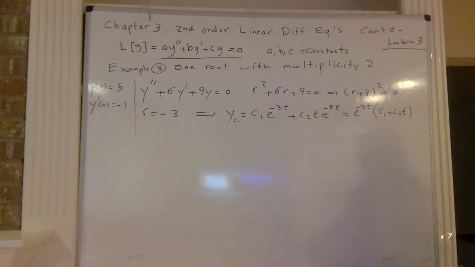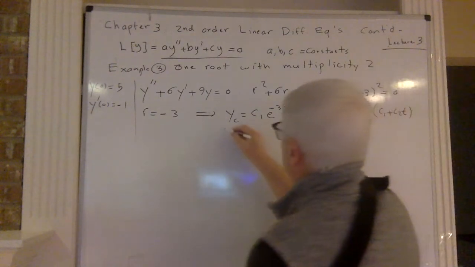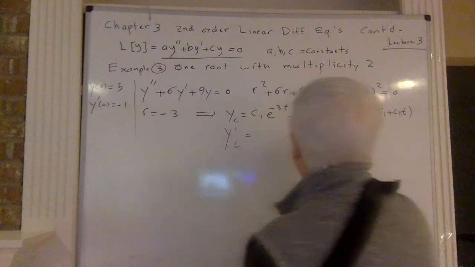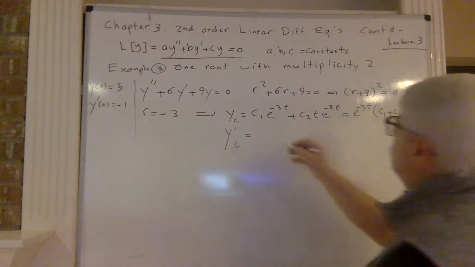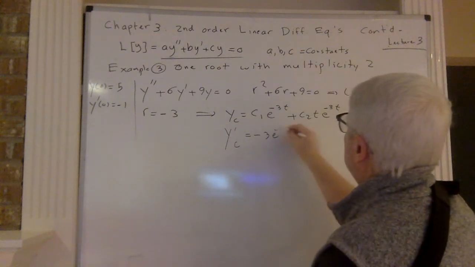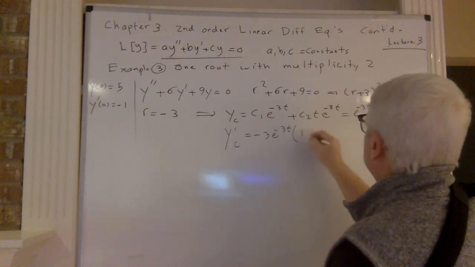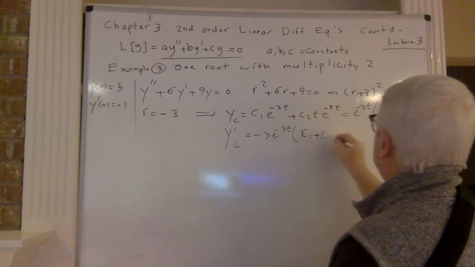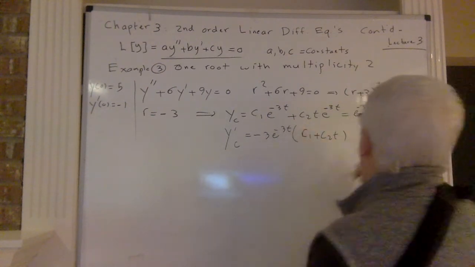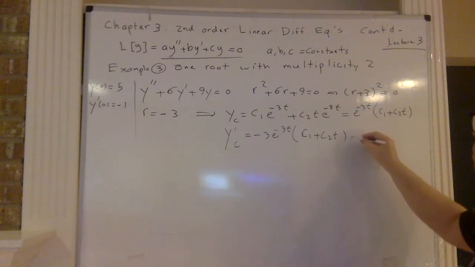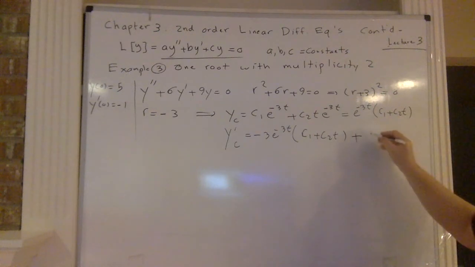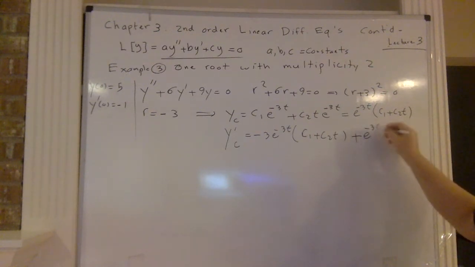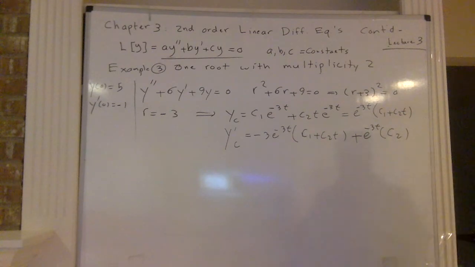Okay, now I need the y prime. So y prime will be this one times this one: minus 3 e to the power minus 3t times (c1 plus c2 t). And there you go. This one times this one is simply just c2. So e to the power minus 3t times c2.